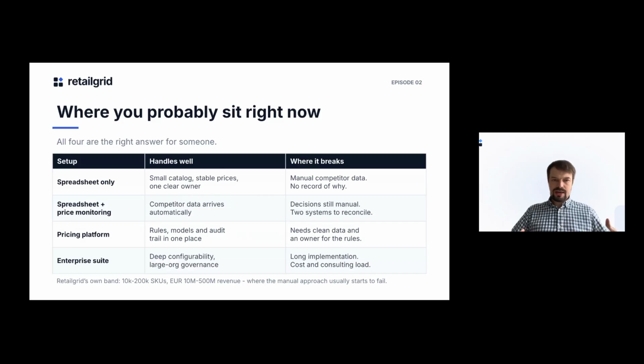Okay, so we have the complexity already. We have price monitoring. We have pricing rules, margin rules, etc. We have a big assortment. We have enough sales history data to model it and to get some elasticity insights, so we can start thinking about a pricing platform.